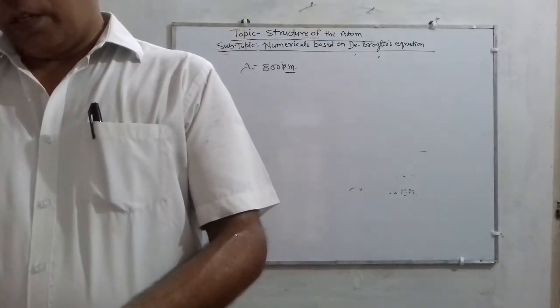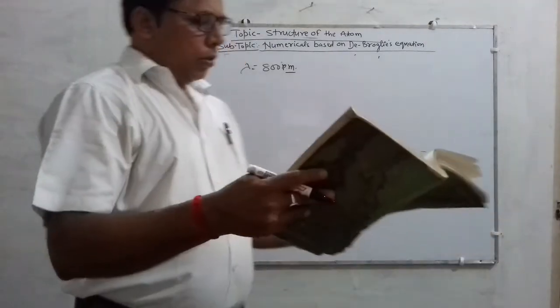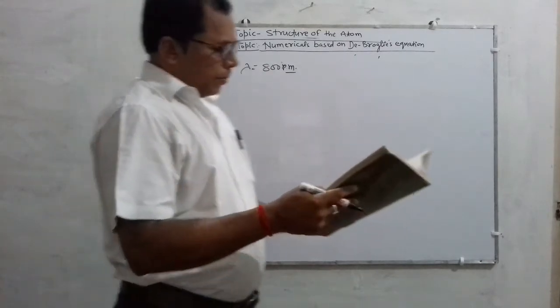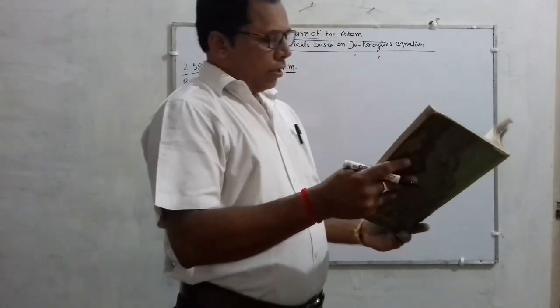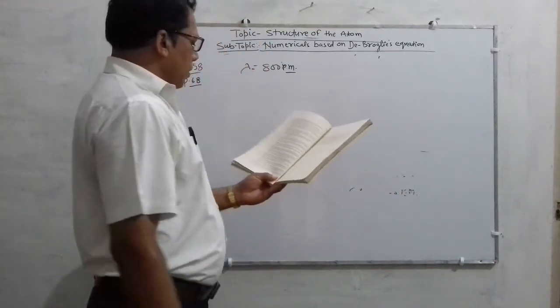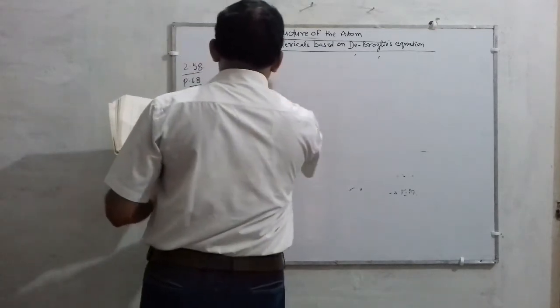Question number 58, 59, yes, right. The velocity of the Bohr's orbit, children.